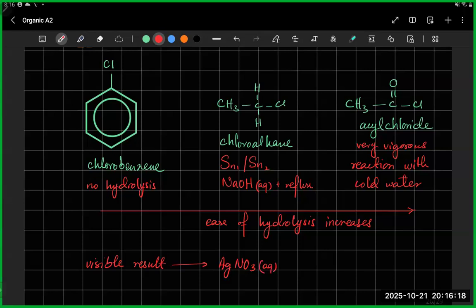Because remember, in all the cases, if they react with water, Cl ions are going to be produced. The Cl ions, it's aqueous, right? So Cl ions produced due to hydrolysis will form a white precipitate.